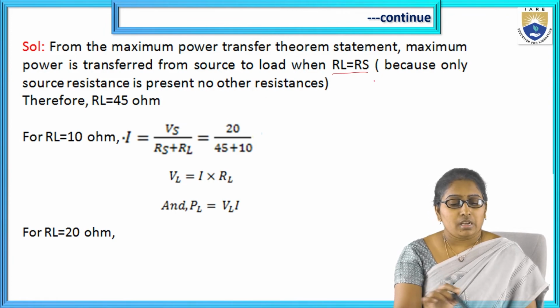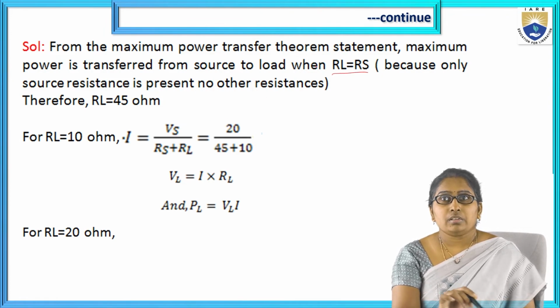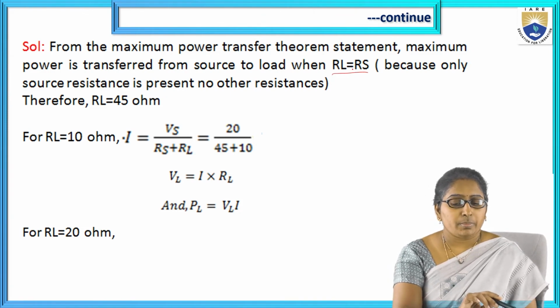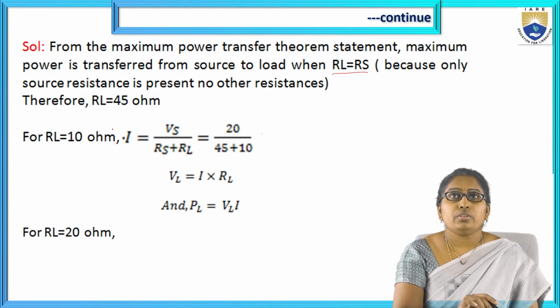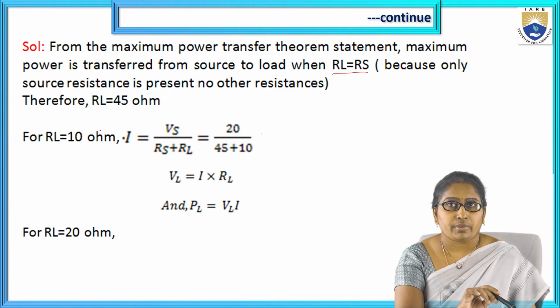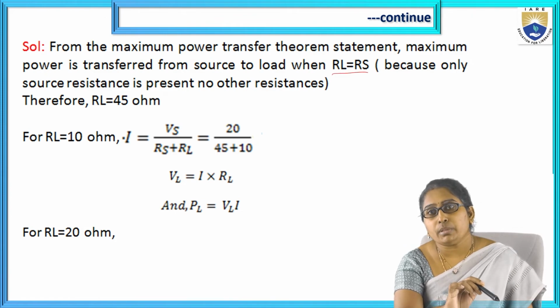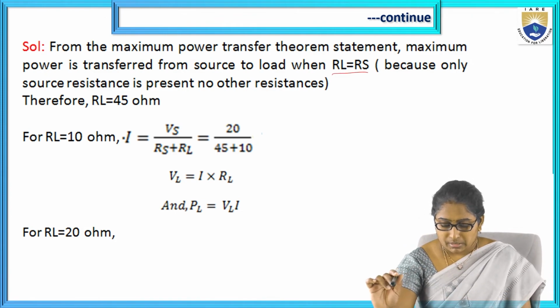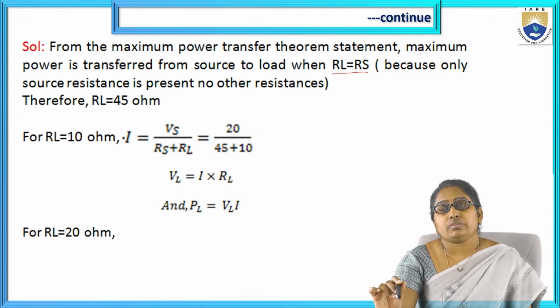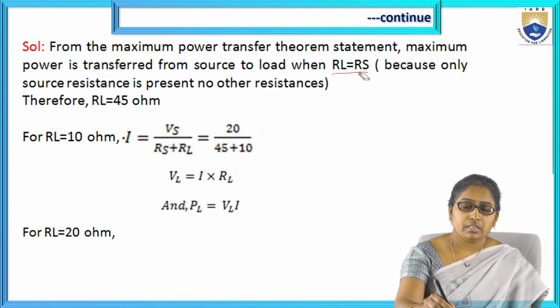That is why maximum power is transferred when RL equals RS, that means RL value equals 45. That is the first part of the question. Next part: what else did they ask?